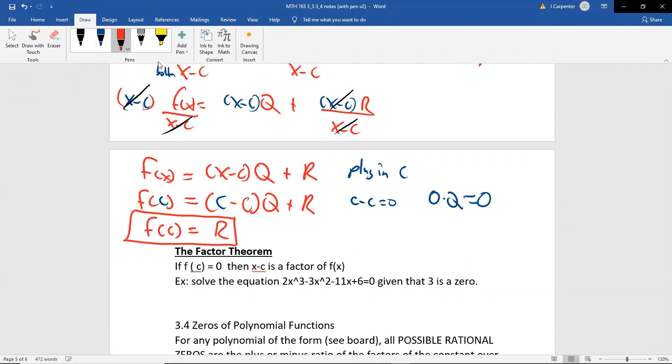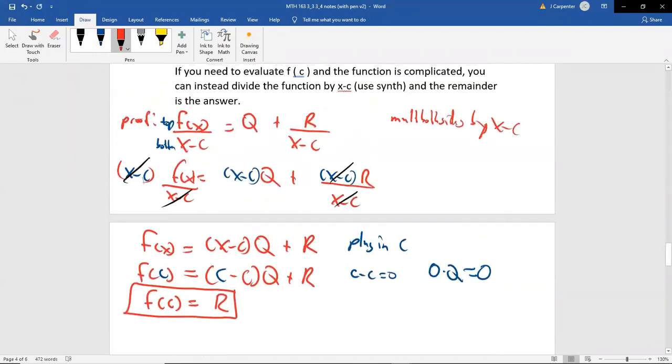Holy cow. It works. It's not the longest proof in the world. It's not the simplest proof in the world. But it is a proof that if you want to do some function evaluation, you can choose to divide synthetically by x minus that number, and then whatever you get under that synthetic division for the remainder is the answer for the evaluation.